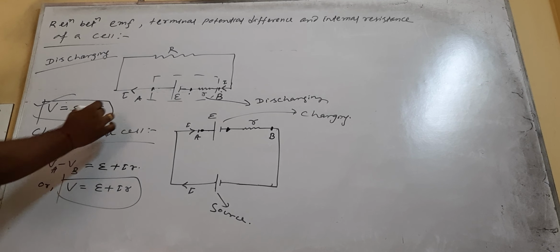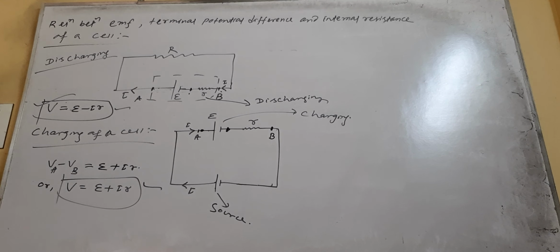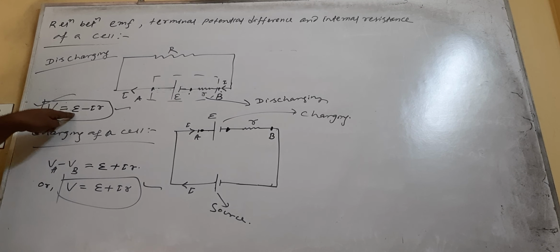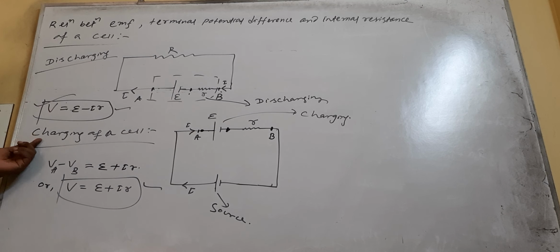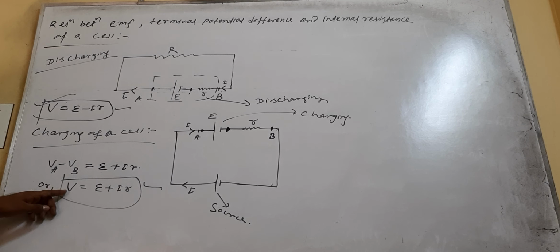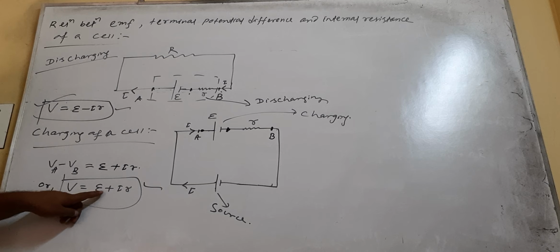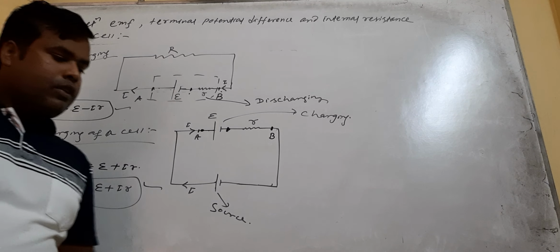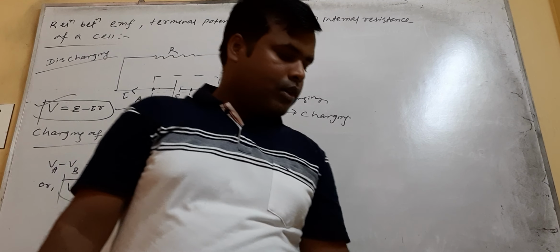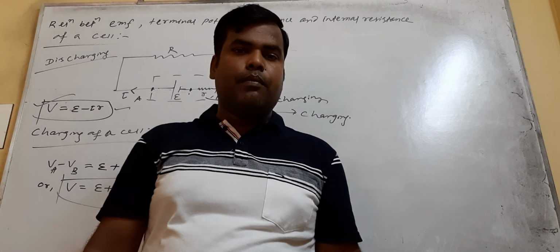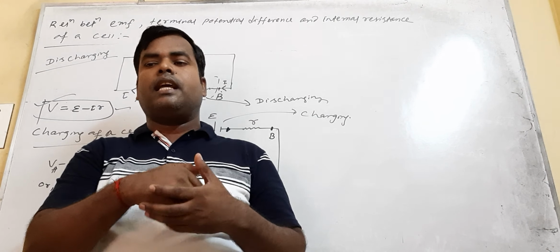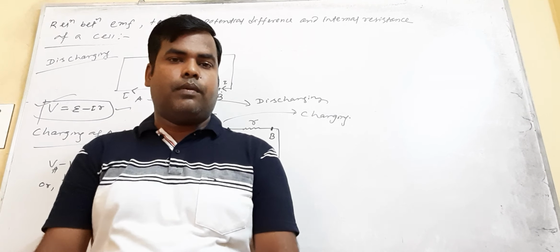So one important conclusion we can draw is that for discharging of the cell, the terminal potential difference is less than the EMF. But in case of charging of a cell, the terminal potential difference is more than the EMF. So it is all about your cell, EMF, internal resistance and terminal potential difference of a cell.